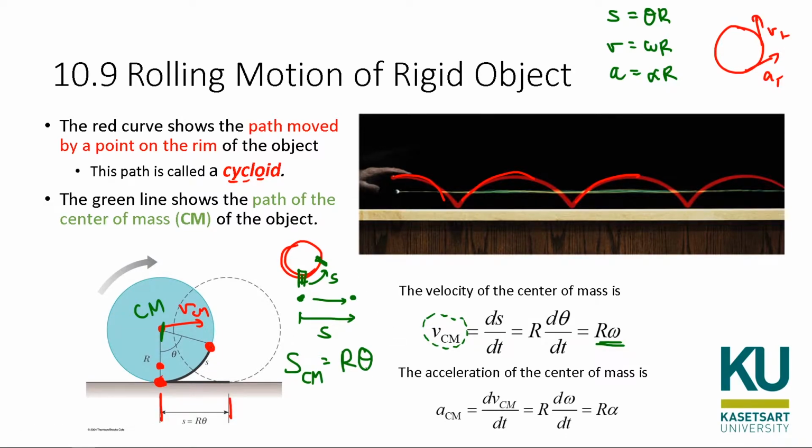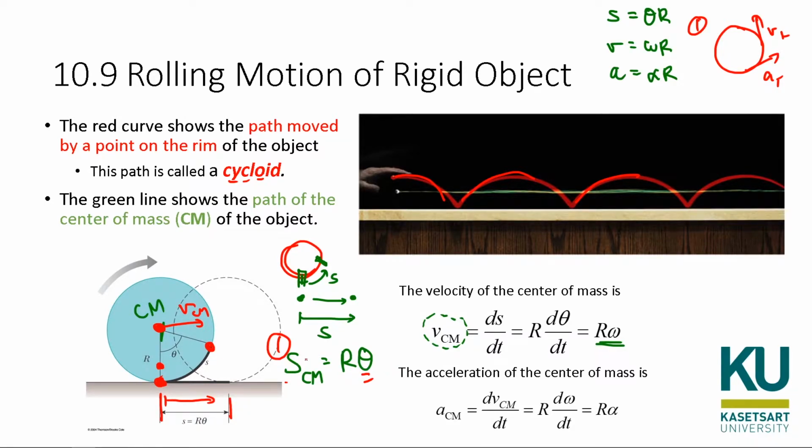This is a different definition from the tangential one we looked at. But the similarity is that when you translate the arc distance to a linear translation, the center of mass moves the same distance. So s of the center of mass equals r theta.